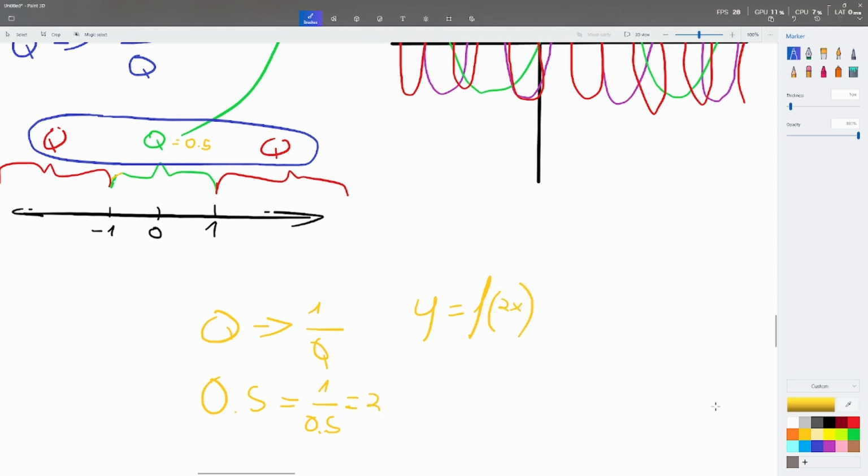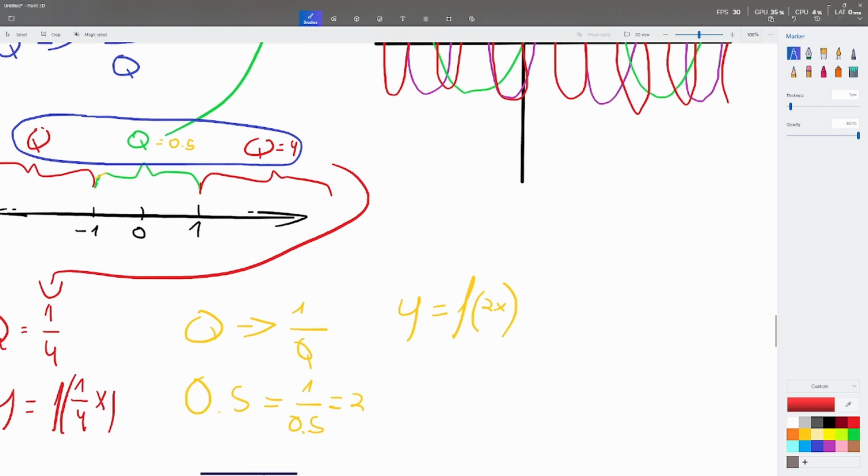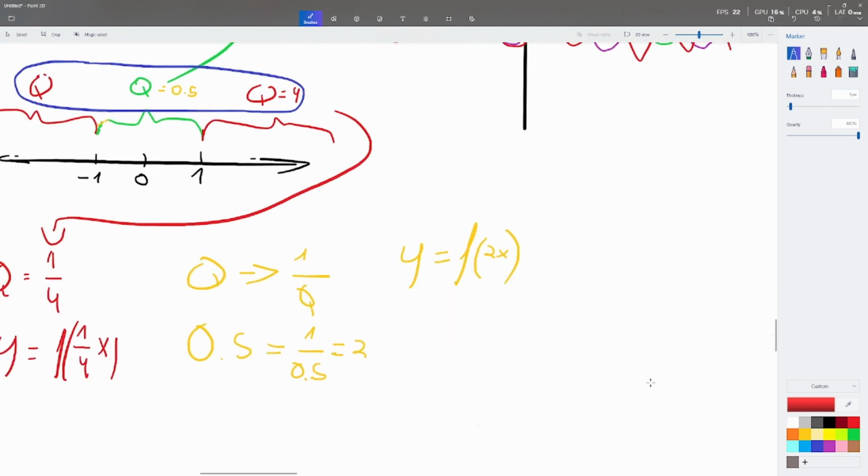I hope this clears it up. The same goes for every q value. If q is 4, then it will be 1 over 4. This is something very tricky, but you always have to remind yourself of it. It's reversed in that sense. I think I don't have anything left on this page.